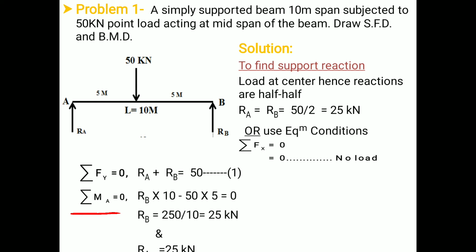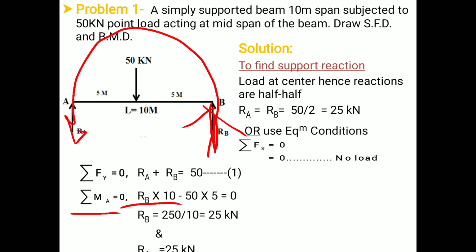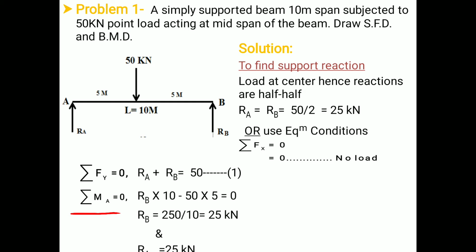Therefore this RB, which is acting in anti-clockwise direction about point A, we will consider as positive. Therefore RB into 10, this RB is the force and the perpendicular distance is 10 meter. Therefore RB into 10 will produce the turning effect about point A, and it is acting in anti-clockwise direction, therefore positive.